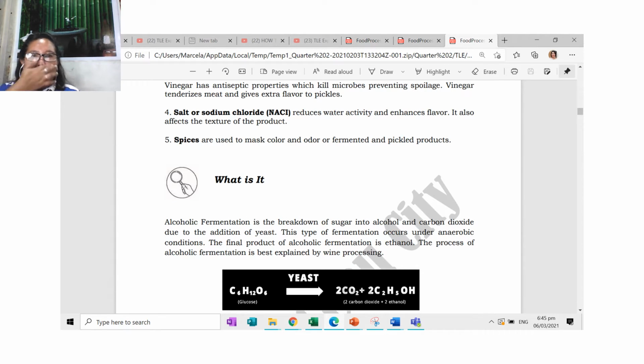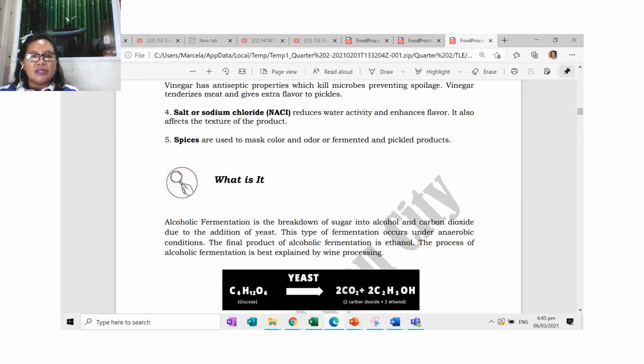Next, vinegar has antiseptic properties which kill microbes, preventing spoilage. Vinegar tenderizes meat and gives extra flavor to pickles. Number four is salt, or sodium chloride.